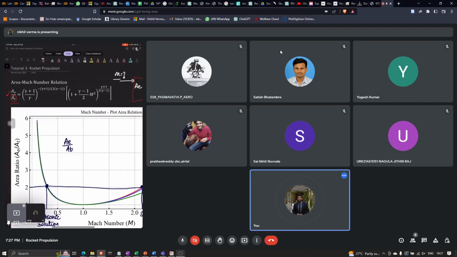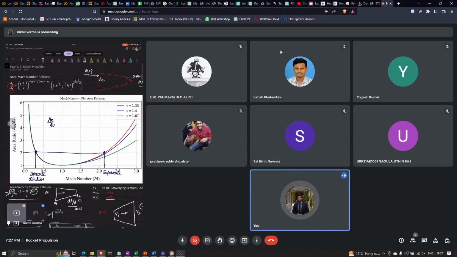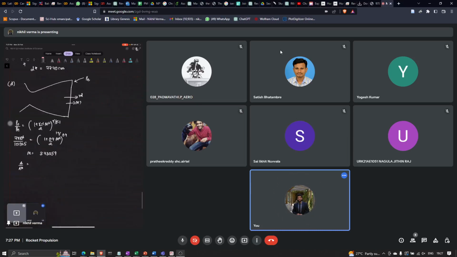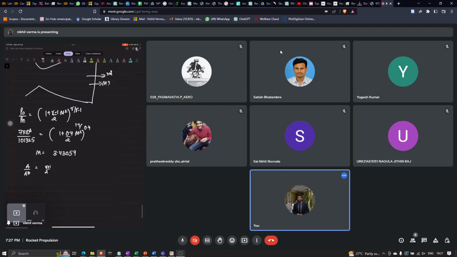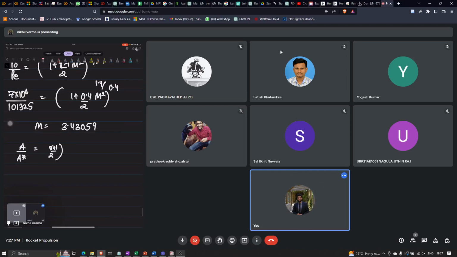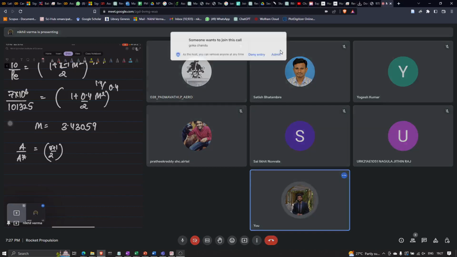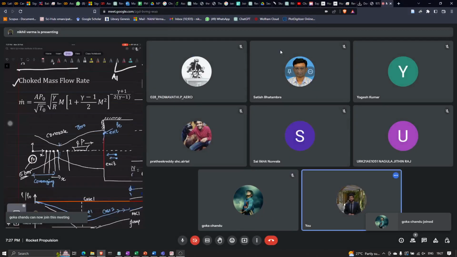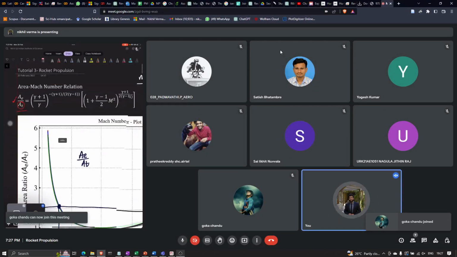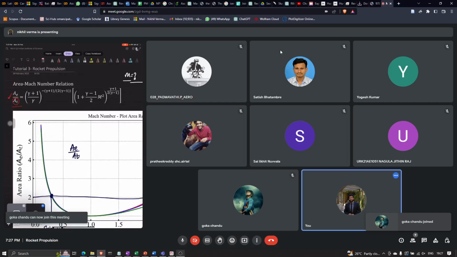So this is gamma plus 1 by 2 to the power.